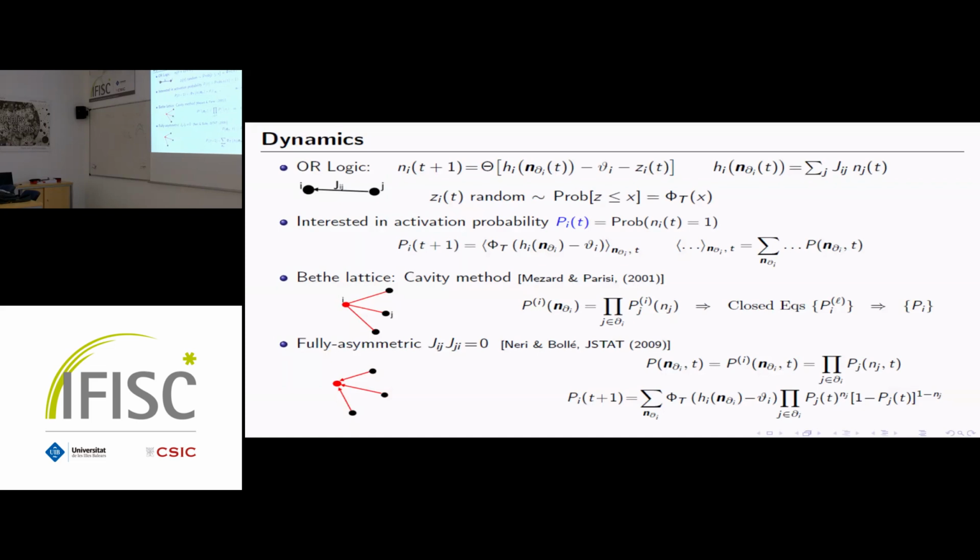So in principle, I can just run this dynamics from any initial condition. I just iterate until convergence.